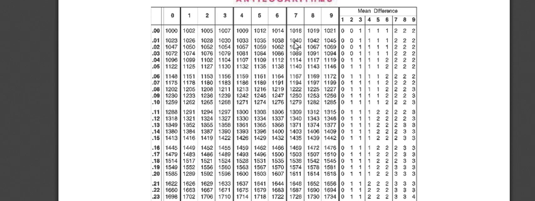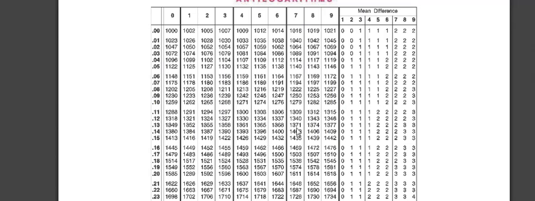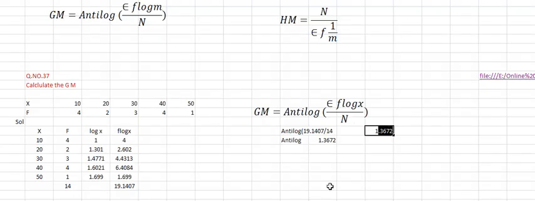See, it comes to the same number. I'll show you once again. 137 is here, then plus 1. So we'll get 1371 plus 1, 1372. The answer is 1372. Then how to find this one now?